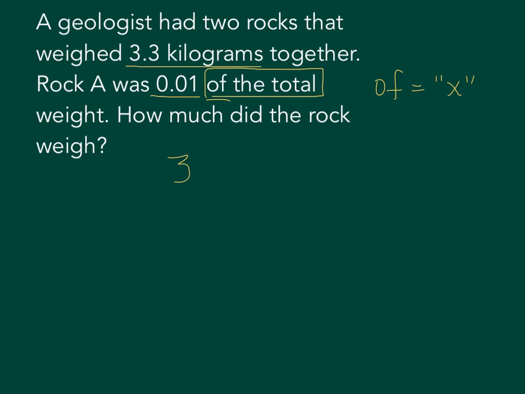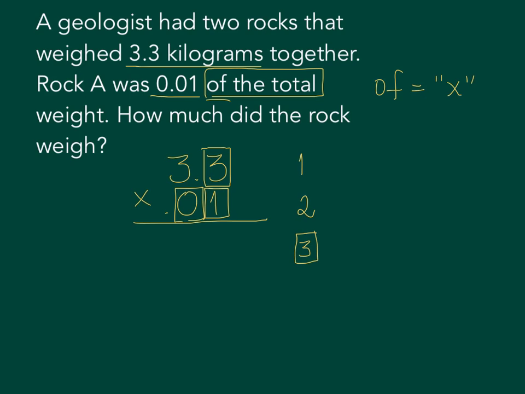And so then we would set up the problem as 3.3 times 0.01. Let's identify how many decimal places there are in the factors. 3/10 is 1 place. In 1/100ths, I have 2 places. So in total, my product is going to have 3 decimal places.